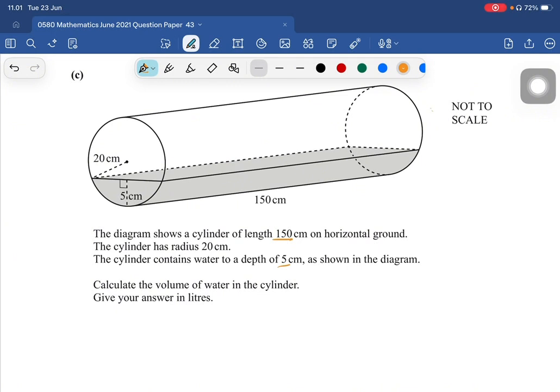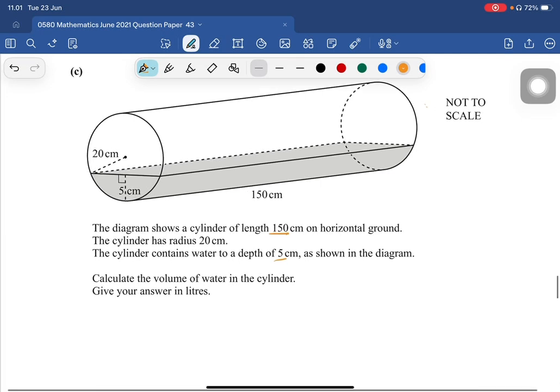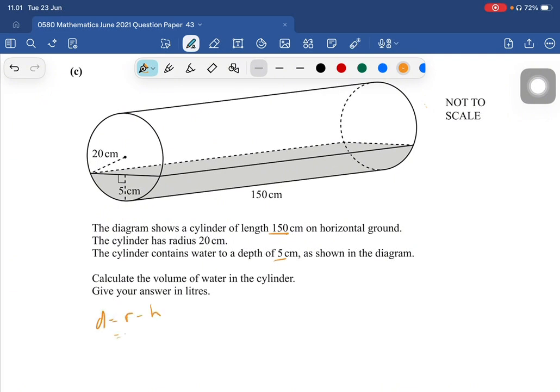Calculate the volume of water in the cylinder. Okay, so let's find the distance. The radius minus the depth: 20 centimeters minus 5 centimeters. So we got 15 centimeters.